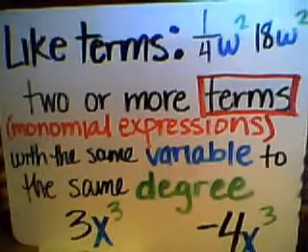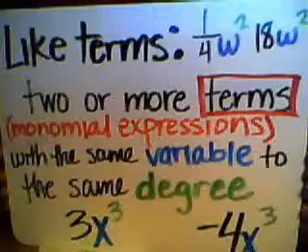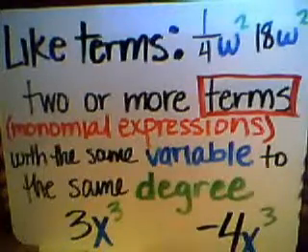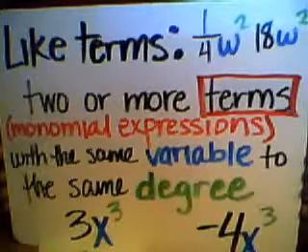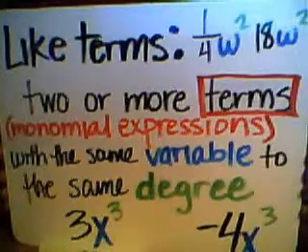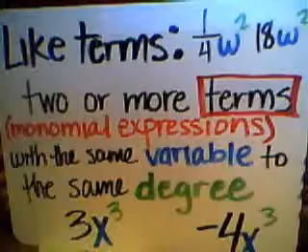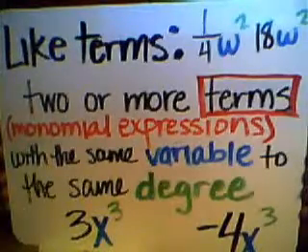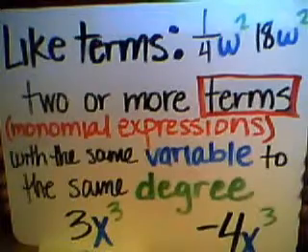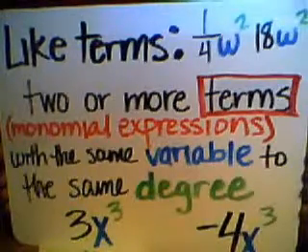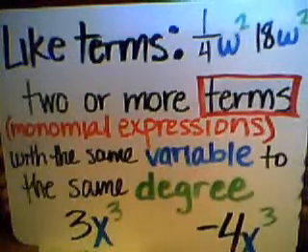In the bottom example, our degree is 3, the same in both terms. So even though we have different coefficients, which are the numbers in front of the variable that tell you how many times you have that variable, 3, -4, 1/4, 18, that can be anything. But what makes it a like term is if it is the same variable in both expressions to the same degree.